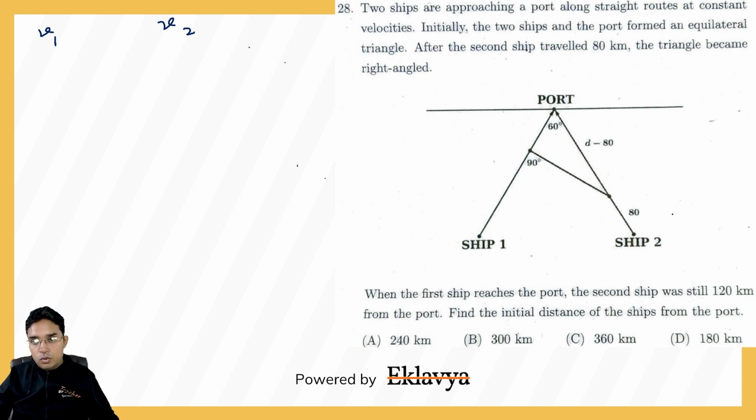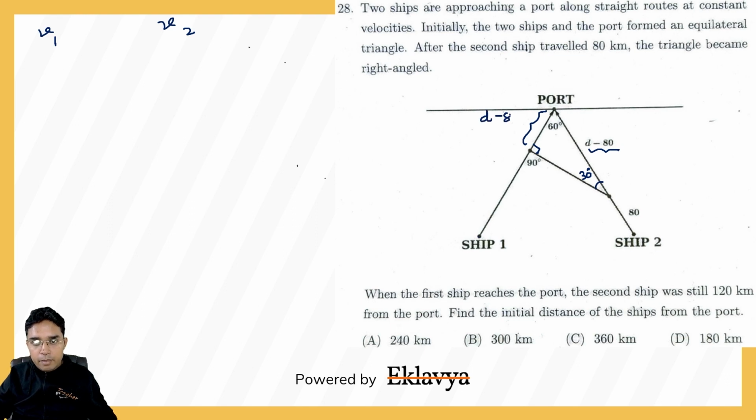Okay, so that means if it is a right angle triangle, this angle is 90, this angle will be 30 degrees. So this length is d minus 80 as they have given, and the total distance in the beginning was d. Now if it is 30, this is 60. Using sine 30, I think we can say that this length has to be half of this d minus 80.